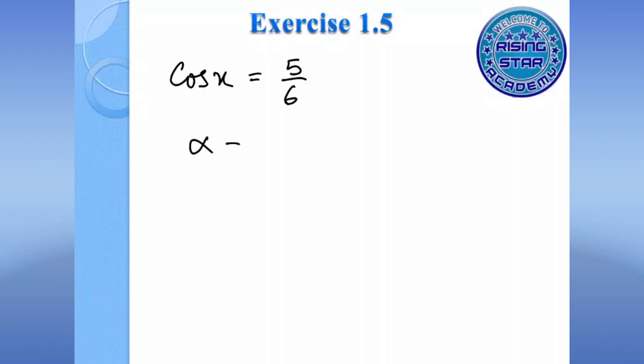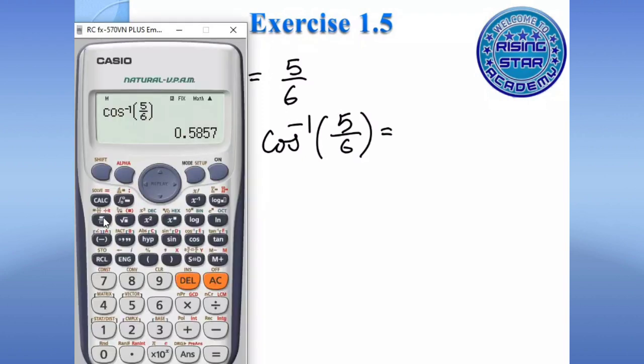Now we'll find the basic angle. So cos inverse of 5 by 6, so that would be 0.5857. Now we know that the cos is positive again in the quadrant number 1 and the quadrant number 4.